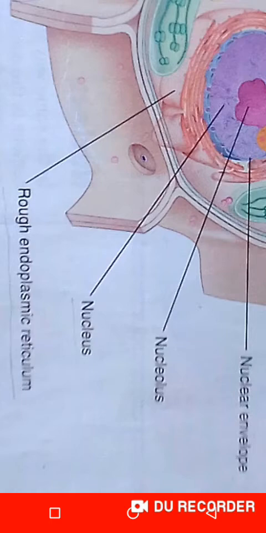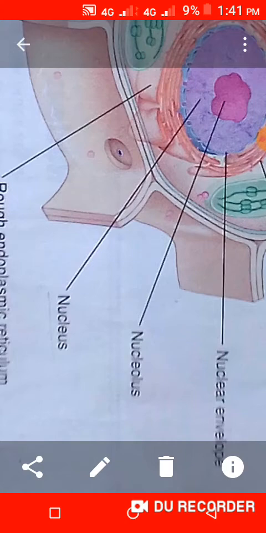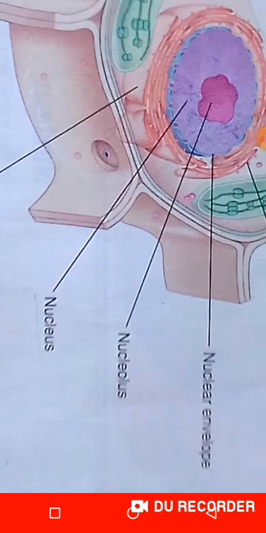It means the nucleus is able to detect the level of any process that takes place in the cell. So it controls it so that it is done at the right amount, at the right speed, at the right rate. So the nucleus controls all the cell activities.